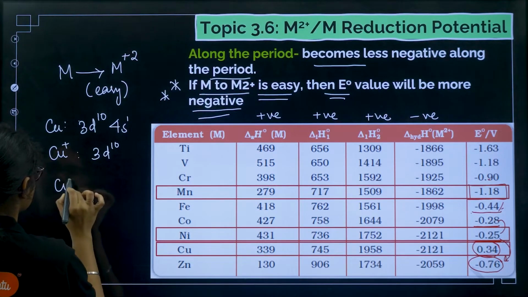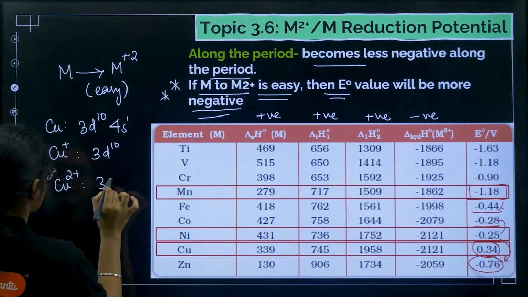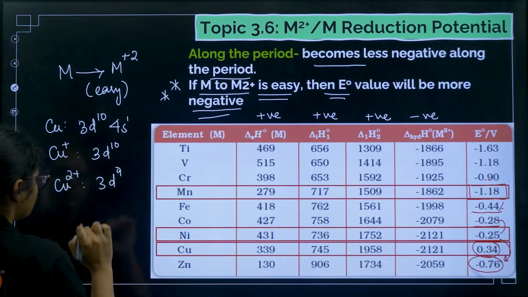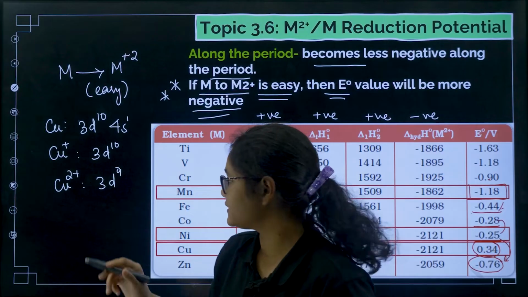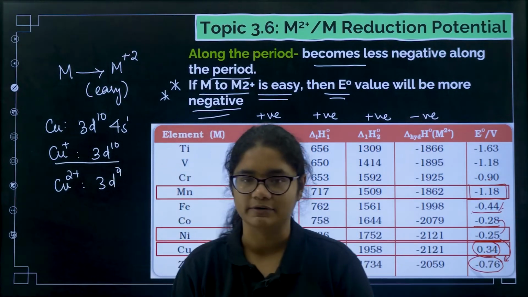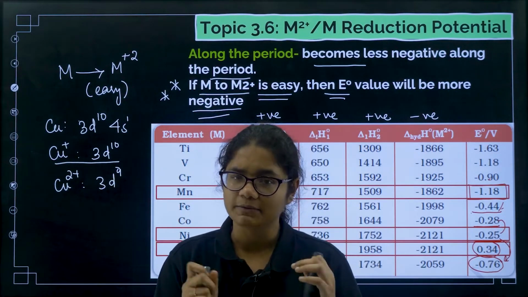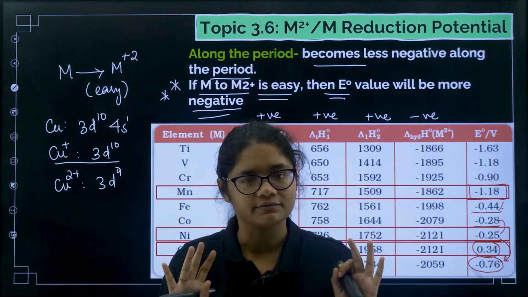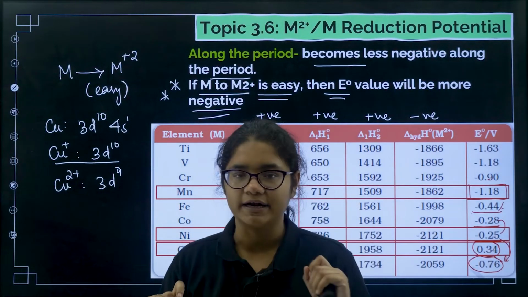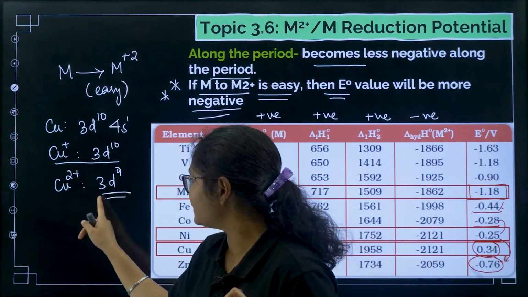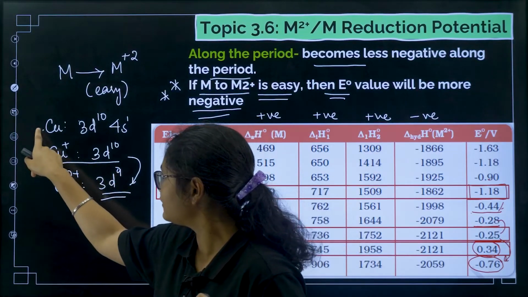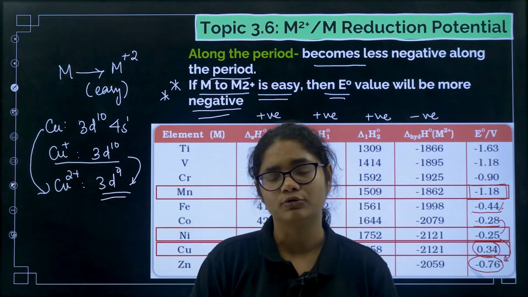Copper 2 plus is 3d9. Now, Cu plus is very stable, right? The first ionization enthalpy will be very low because the metal easily gives this 1 electron to get converted to 3d10.